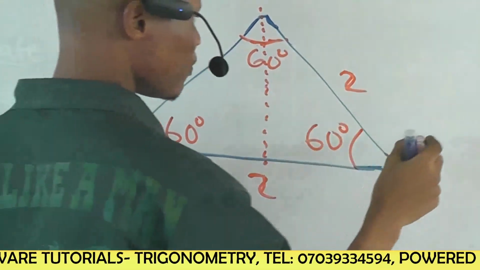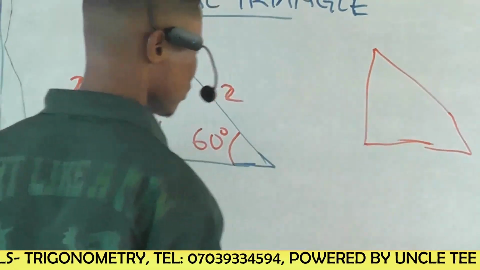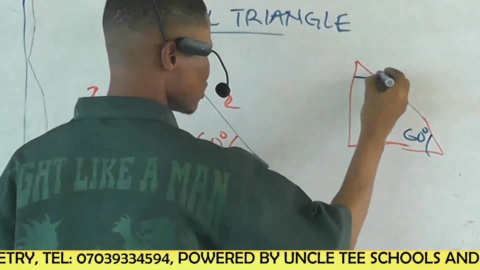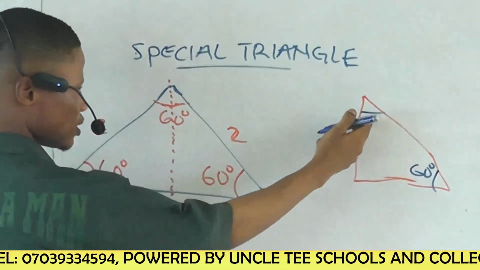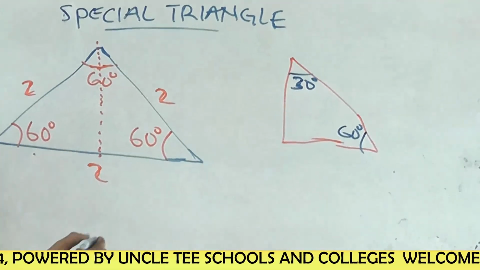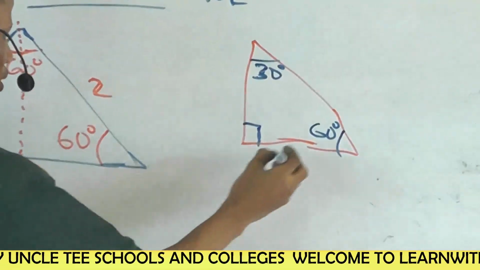So, if you bisect, you have another triangle, and this side is 60 degree. This side is 30 degree now, because you bisect. Then this side is 90.